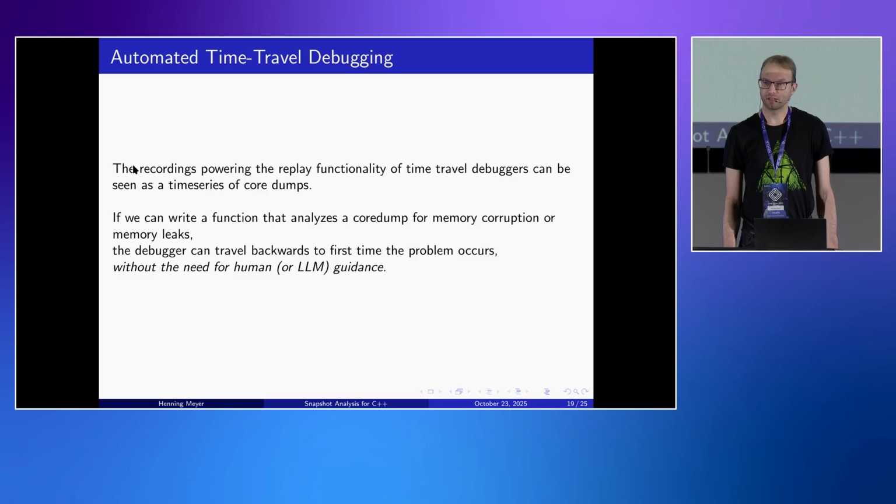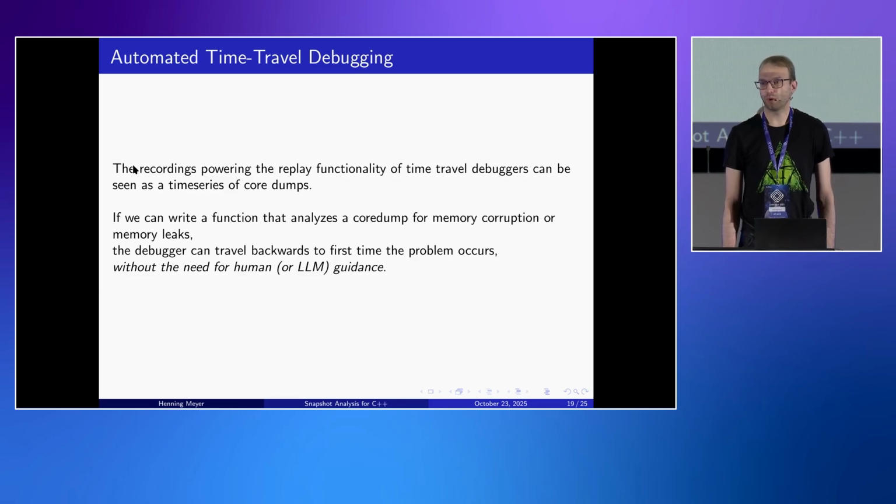And this is analyzing one point in time. If you look at time travel debugging, you can switch the point in time that you are looking at. And if you can write a function that detects a problem in your code, for example, you say for every std vector, I want to check the internal pointers.